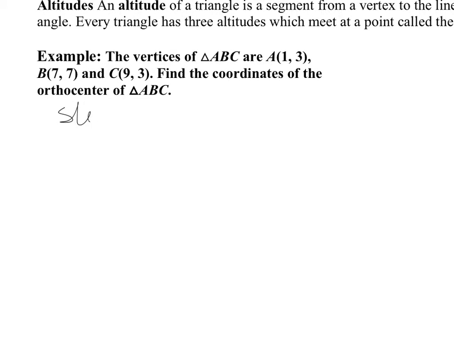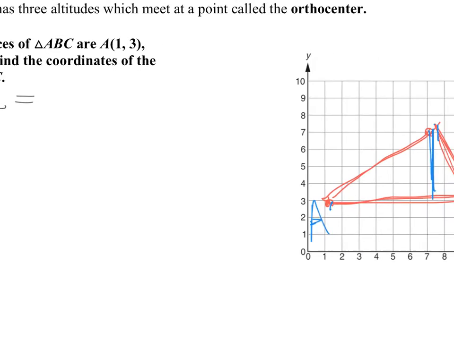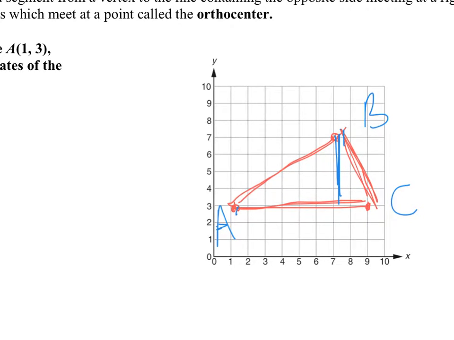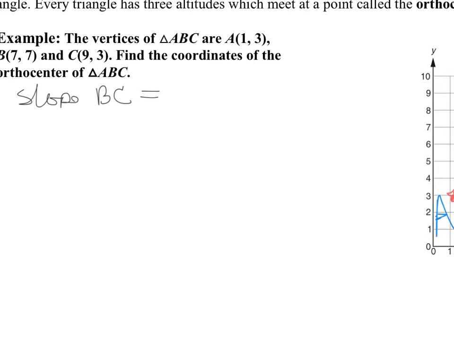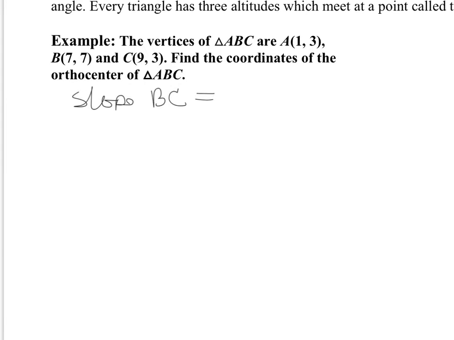I'm just going to use rise over run to do that. If I count from point B to C, I'm going to go down 4 and to the right 2. So BC is going to have a slope of -2.